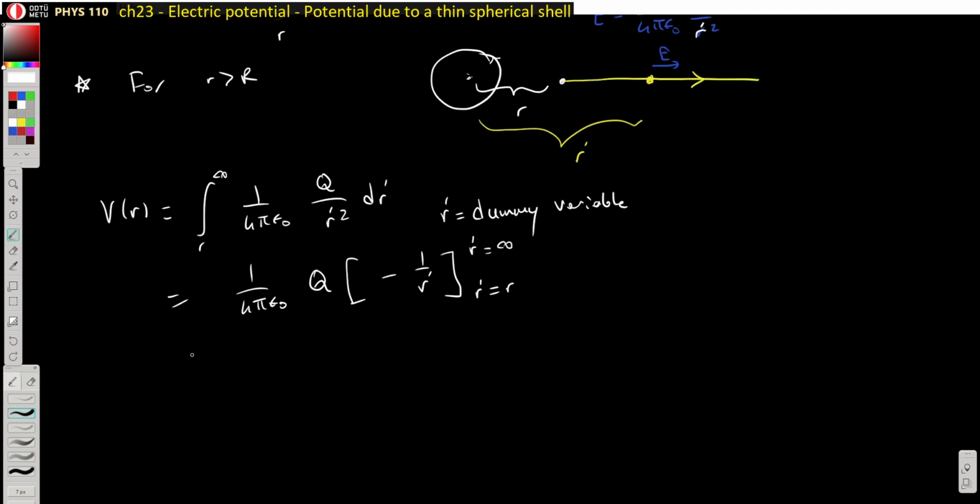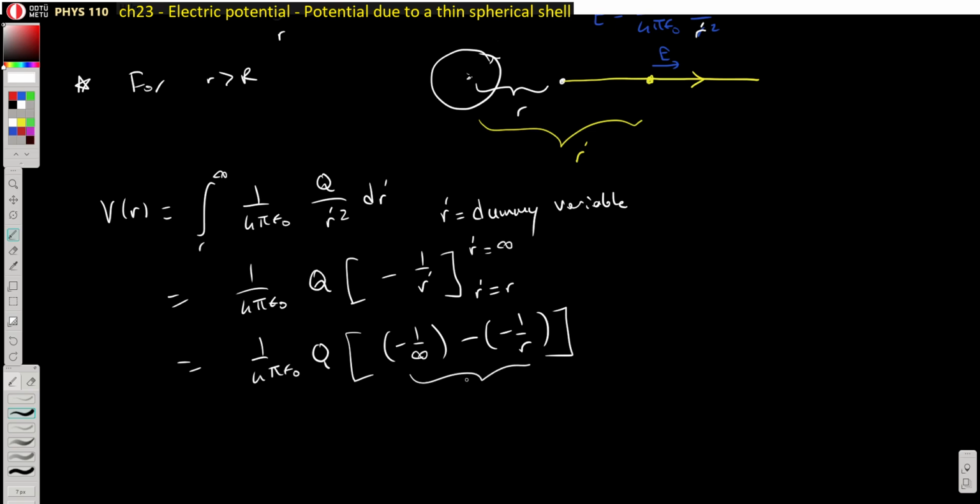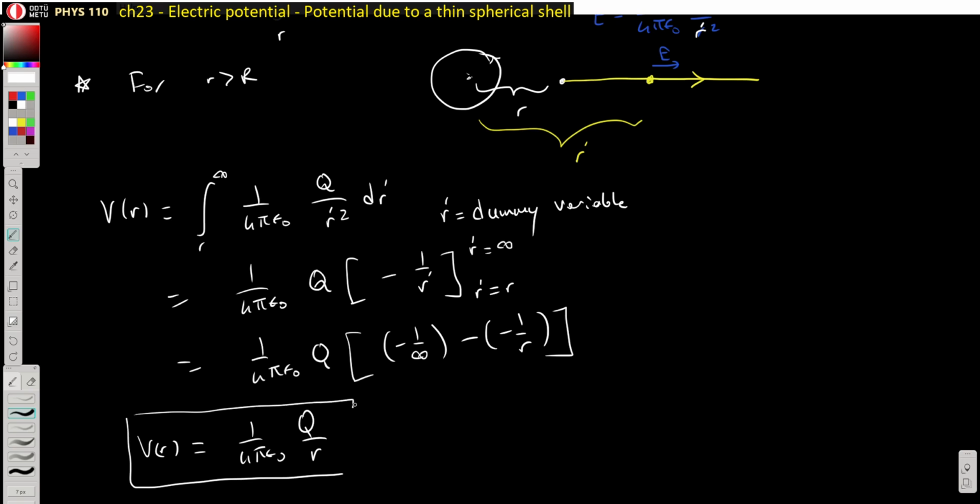As a result, we get 1 over 4 pi epsilon 0 q times minus 1 over infinity minus minus 1 over r. At this point, there's no r prime left in the expression. And so as a result, the potential outside is 1 over 4 pi epsilon 0 Q divided by r. That's basically the potential due to a point charge.